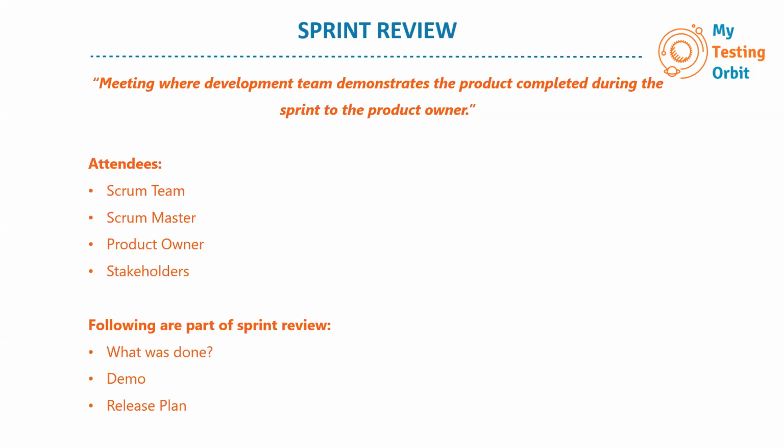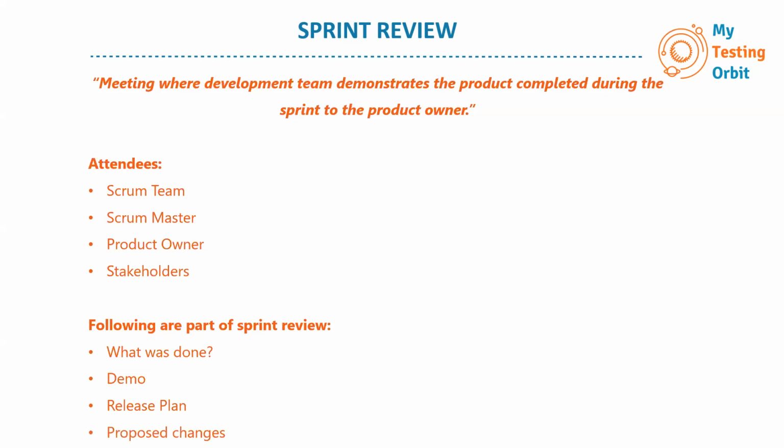And in case any important stories were not completed as part of that sprint, then the release plan may be changed or adjusted accordingly, that okay, we are not yet ready, or this is not what we are looking for. Maybe we need some changes, some improvements before we go ahead with the release. So these kinds of things are also discussed in the sprint review.